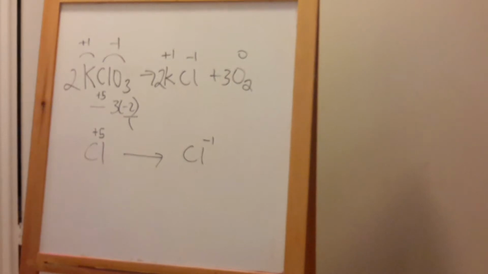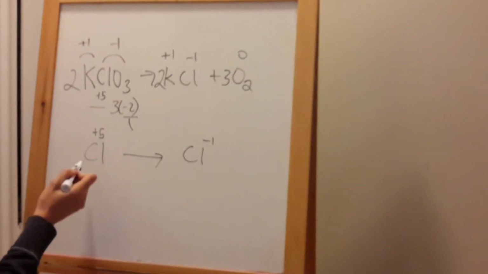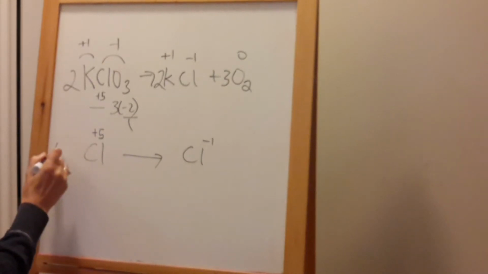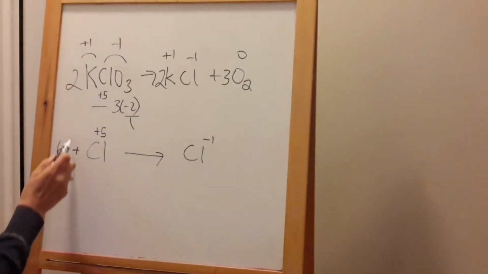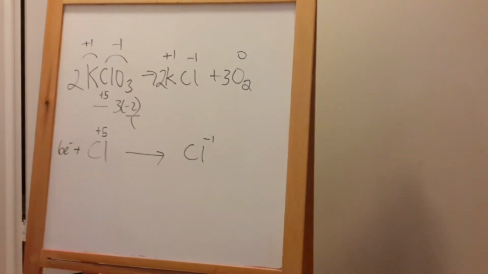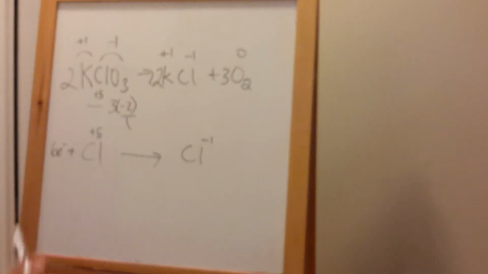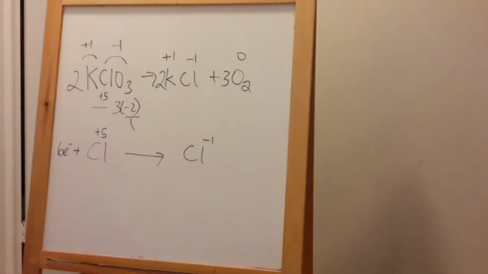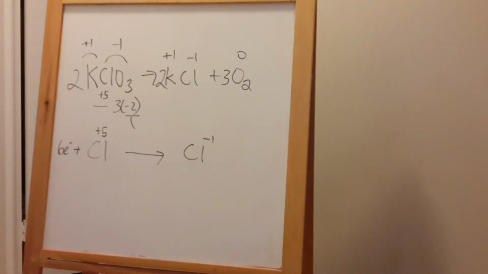We always add electrons to the more positive side, because you want to make the left side and right side charge balanced. If we add 6 electrons to this side, -6 and +5 is -1. The charge now balances. And we've actually written a reduction half reaction. We're showing that each chlorine is capturing 6 electrons to become chloride ion.